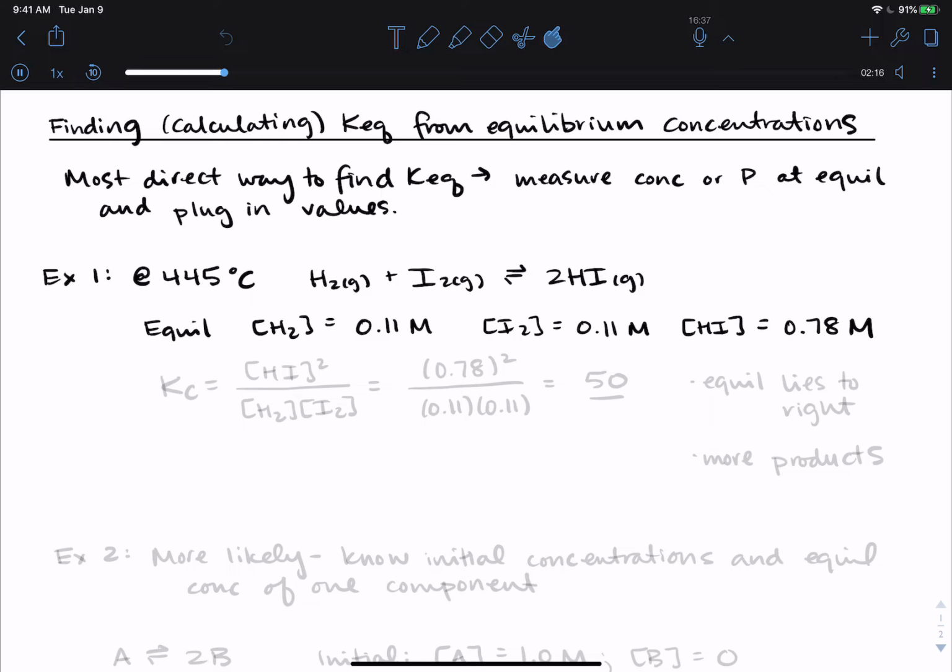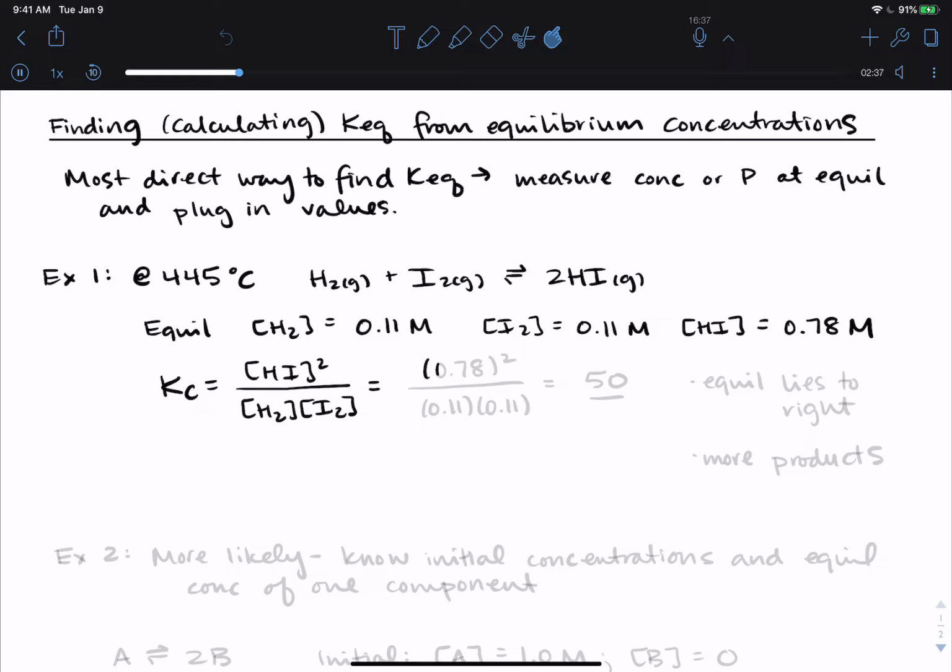So our equilibrium constant expression looks like the concentration of HI squared over the concentration of H2 times the concentration of I2. This shows us exactly where we need to plug the values in.